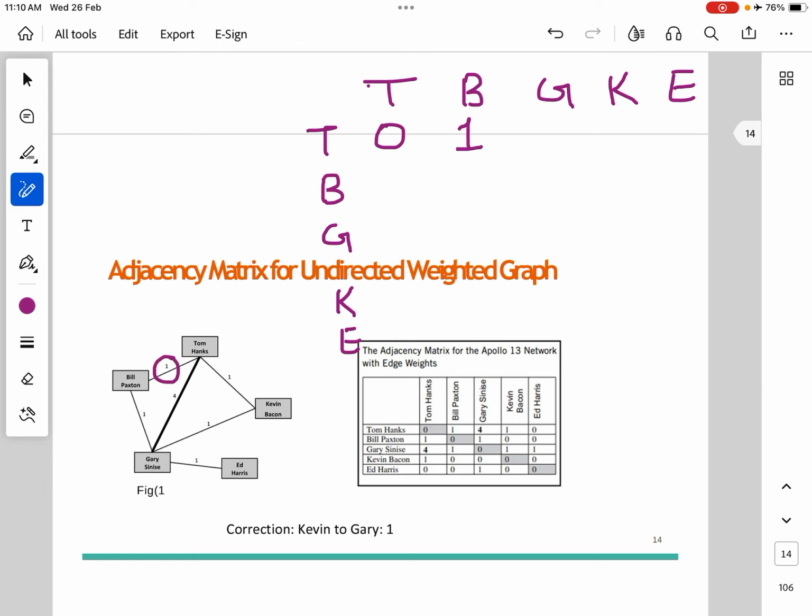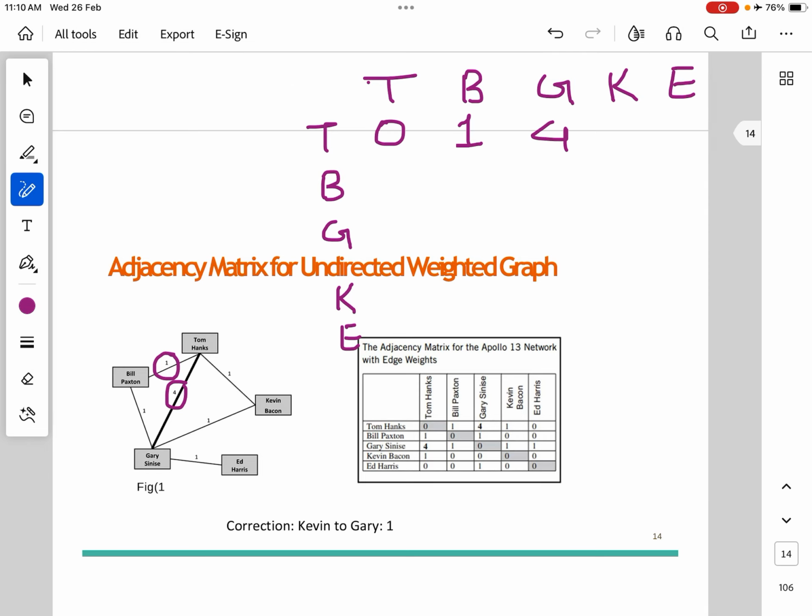Tom to Gary, you can see 4, so 4. Tom to Kevin 1, so 1. Tom to Ed is 0. Then Bill to Tom also 1. Bill to Bill 0. Bill to Gary is again 1. Bill to Kevin there is nothing, so 0. Bill to Ed is nothing, so 0.